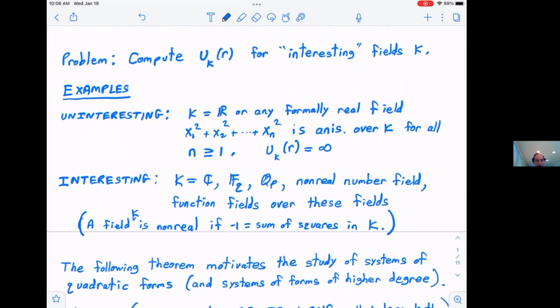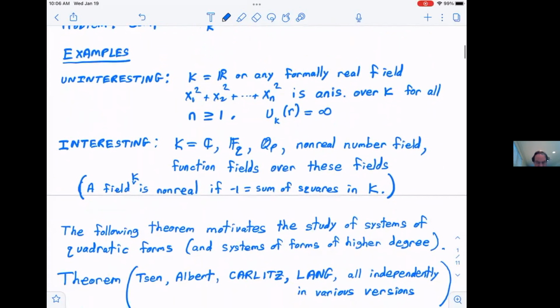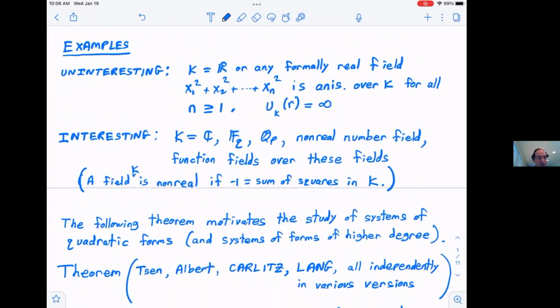The following theorem motivates the study of systems of quadratic forms and even systems of homogeneous forms of higher degree. But I'm going to just stick to systems of quadratic forms here. This is a theorem, very mysterious. It was proved independently by lots of people during many different decades.